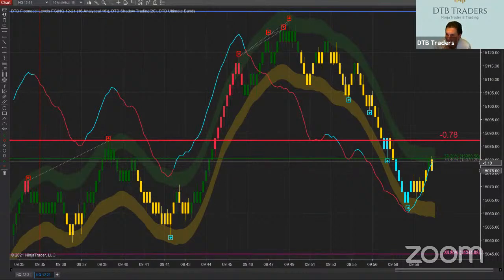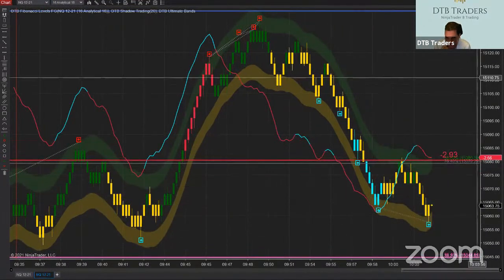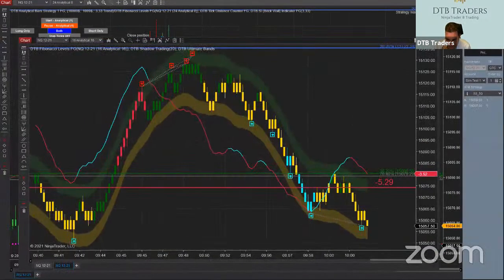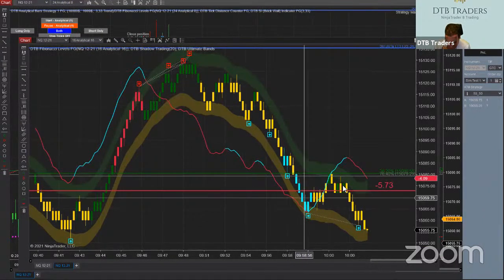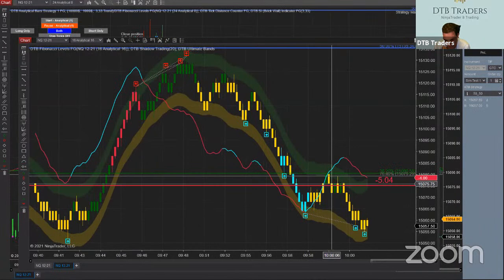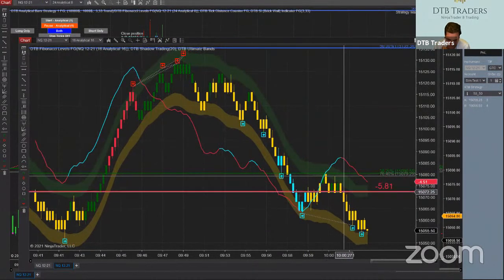Okay, I just want to check something over here. I'll bring my other chart back up again. And there's another example of the price breaking through the Fibonacci level, coming back up to retest it, and then breaking down. And all these bars are gold, which means the sellers are in control of the price.